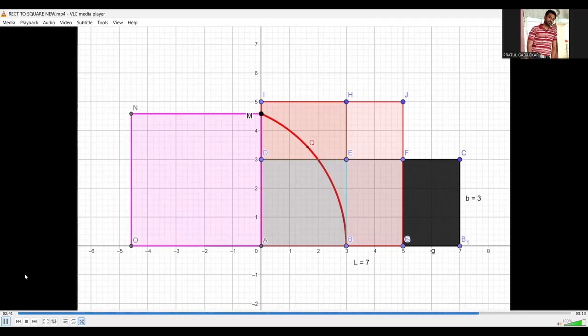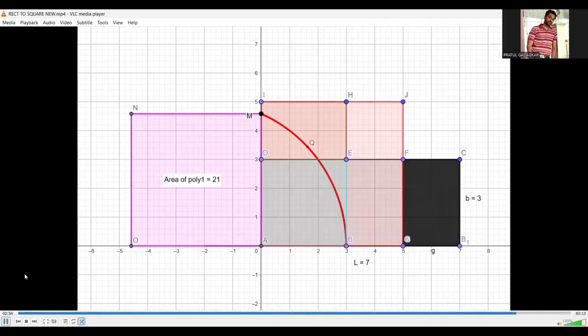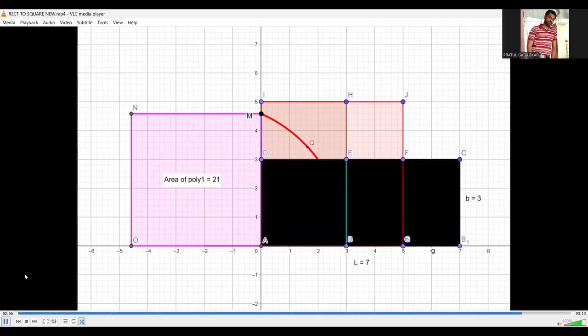So AM is the side of that square, the purple colored square. So area of this polygon, if you calculate, it comes out to be 21, means this is a square, and area of this black rectangle, the original black rectangle, which is length into breadth, which is 7 into 3, that area is also actually 21.